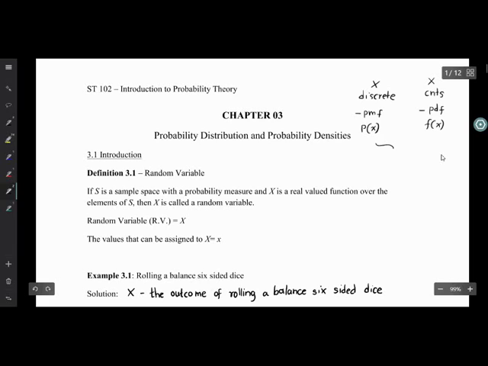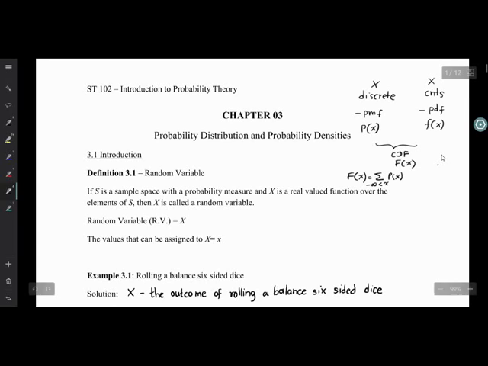And for both cases, you have the CDF, which we denote as capital Fx. For the discrete case, we find the CDF using the summation of Px all the way from negative infinity up to a certain x.